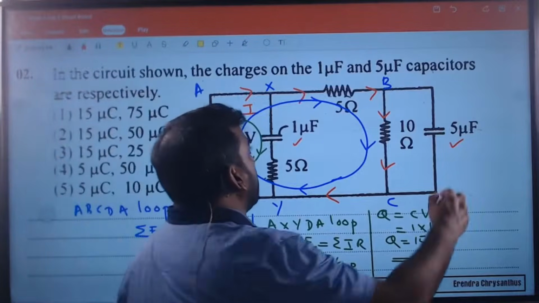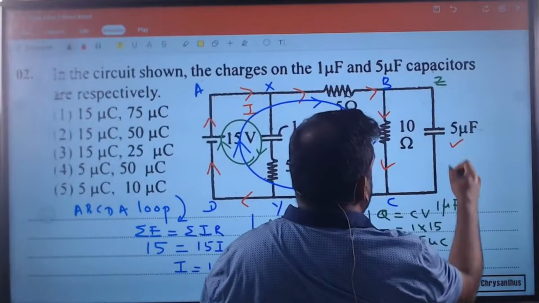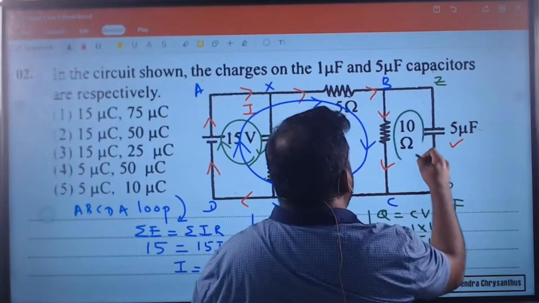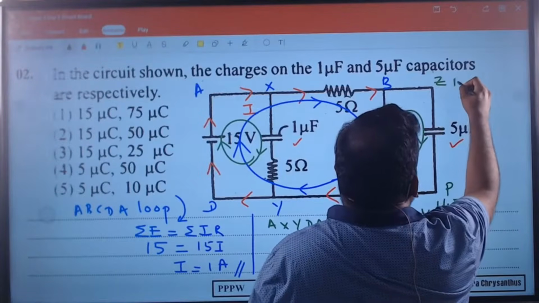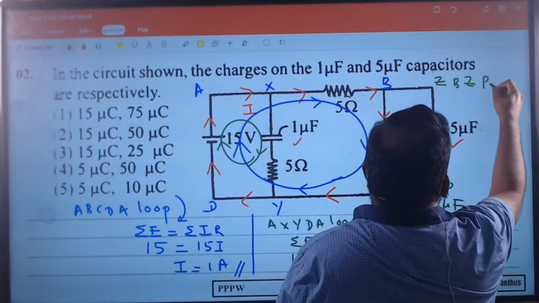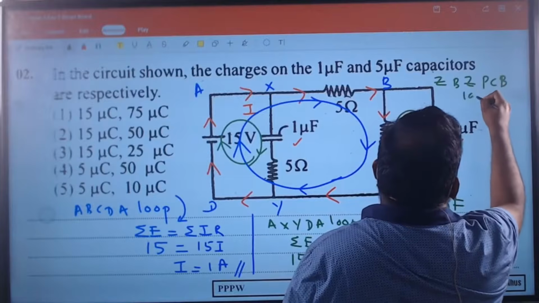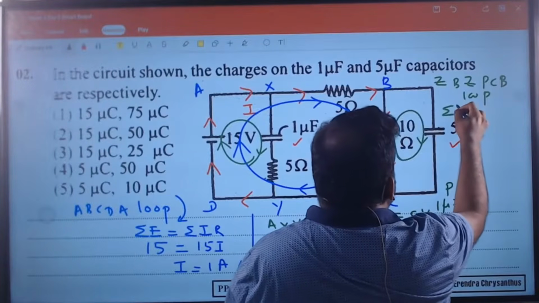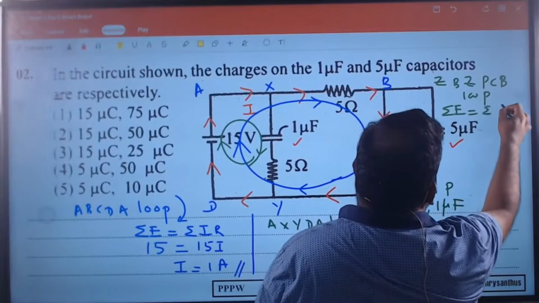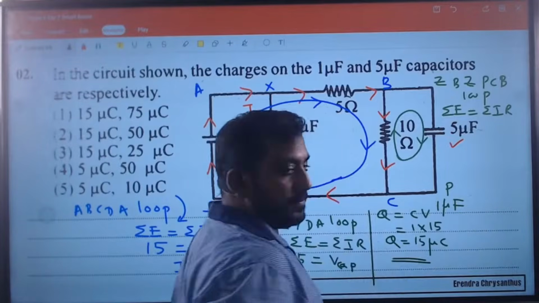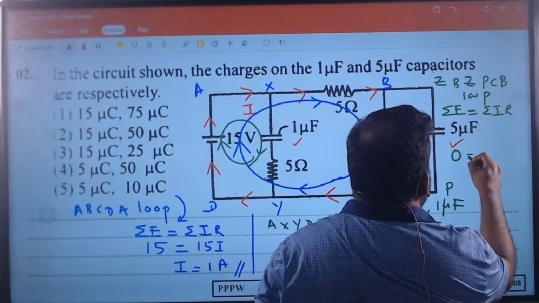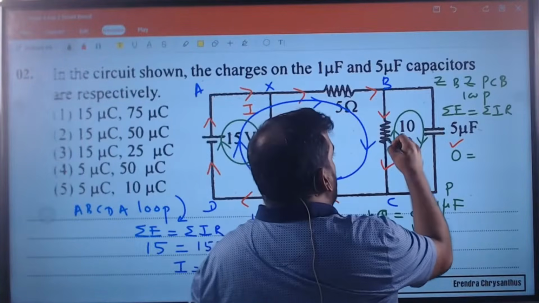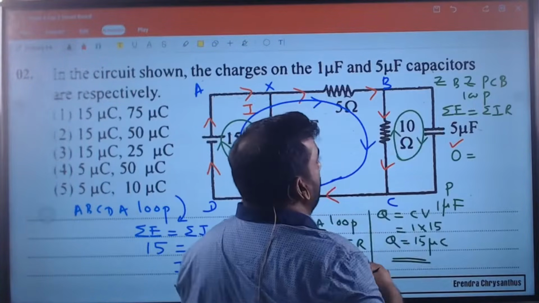Now let's apply a loop here, the B, P, C, B loop. Sum of EMF equals sum of potential differences. Do I have any battery here? No battery. Here loop direction and current direction are opposite.